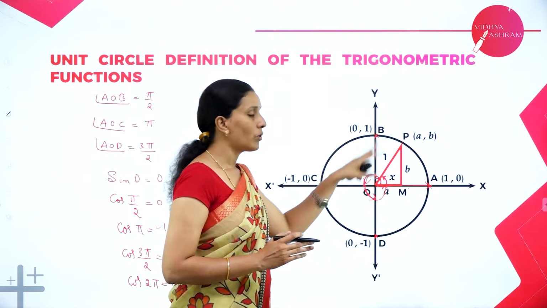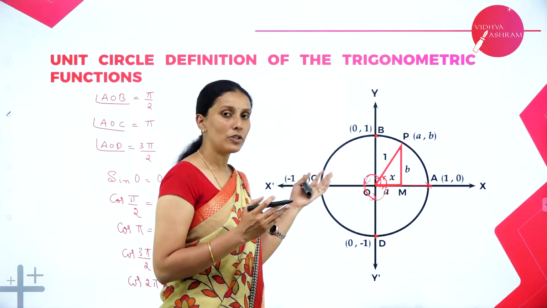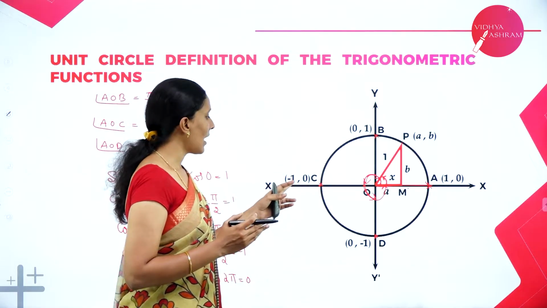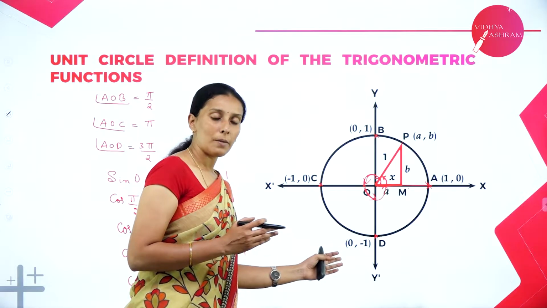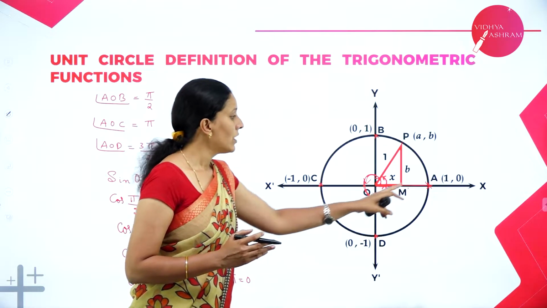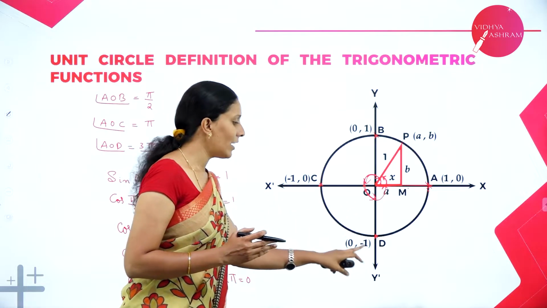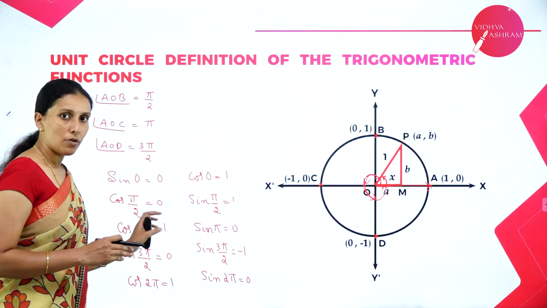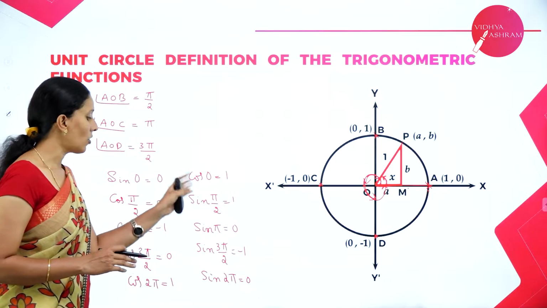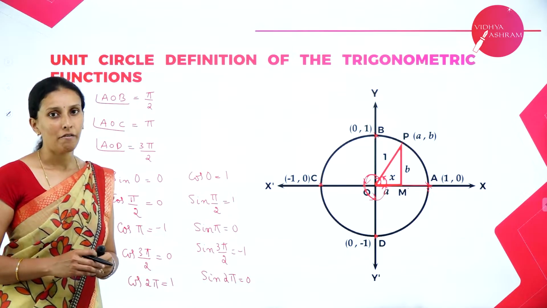So pi by 2 can be written as cos pi by 2, sin pi by 2. This can be written as cos pi, sin pi. This can be written as cos 3 pi by 2, sin 3 pi by 2. Since the coordinates are already defined, the values of sine and cos for pi by 2, 3 pi by 2, pi and 2 pi are the respective values.